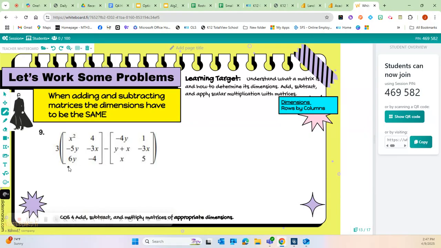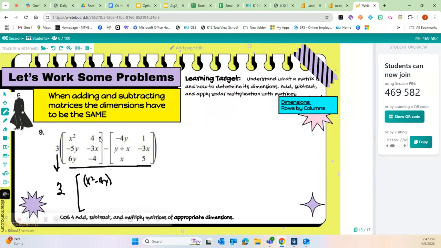This one again is just more than one thing to do. We start with parentheses. We would subtract these two matrices, so we would take the 3, which is called the scalar, and we would bring it down, and we would get x squared minus 4y. I'm going to put this in parentheses because I think it might help you see.